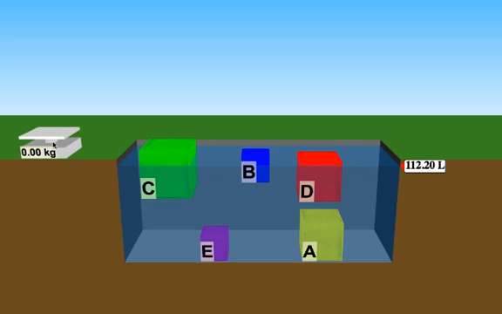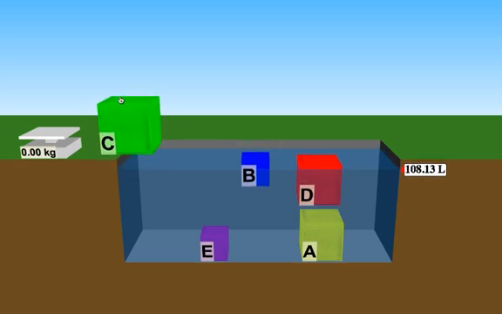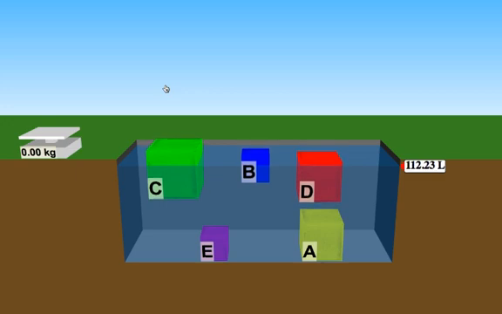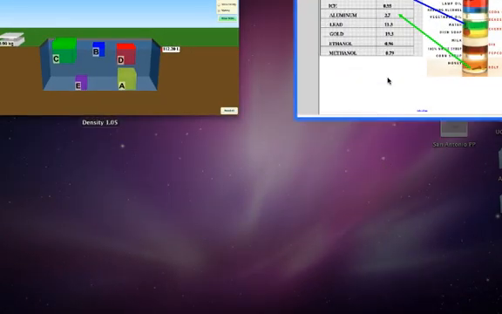I could find the mass of block C, and if you'll notice, when I take this out, look what happens to my volume over here. It goes from 108.12 up to 112.20. If I subtract that, that would represent the volume of box C. Take the mass of box C, divide it by the volume of box C, and I would get the density.